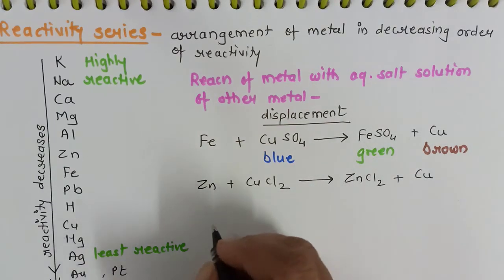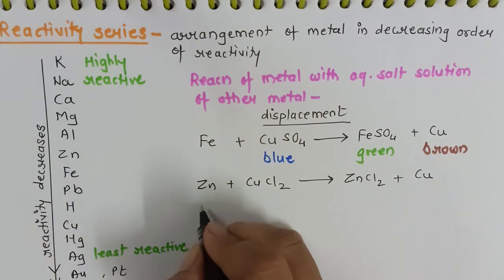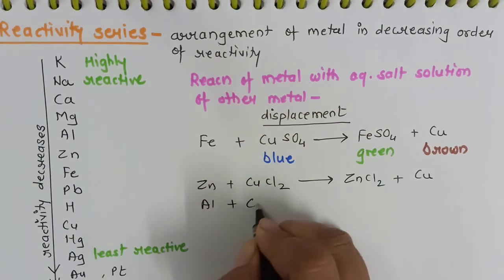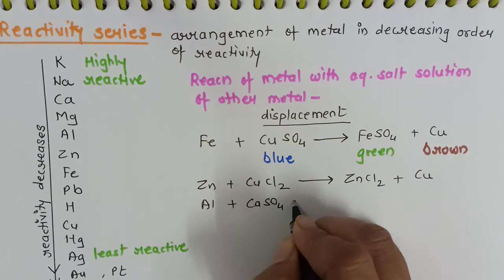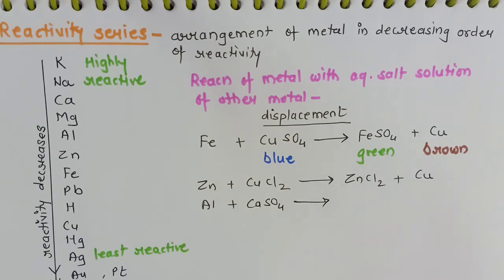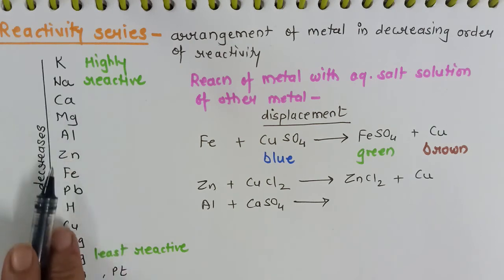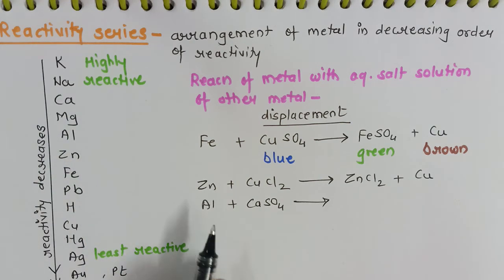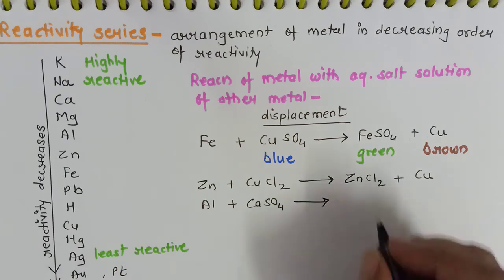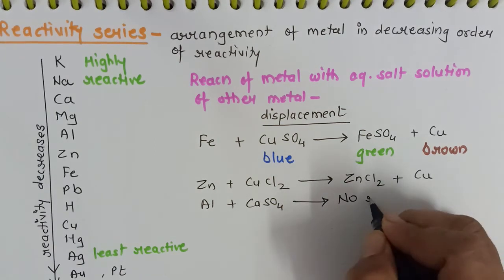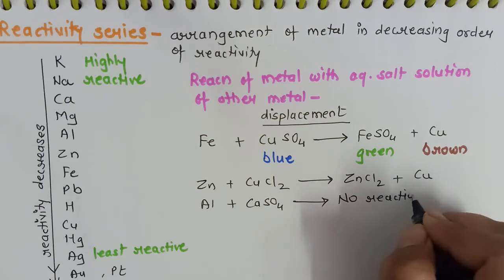One more example. Aluminium plus calcium sulfate. Now look the positions of aluminium and calcium in reactivity series. Calcium is more reactive than aluminium and therefore aluminium cannot displace calcium from calcium sulfate and therefore this reaction will not occur.